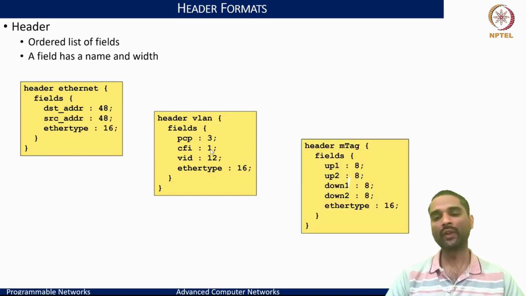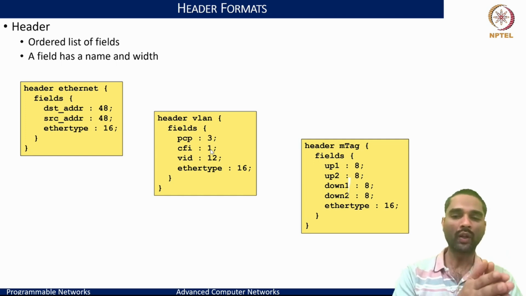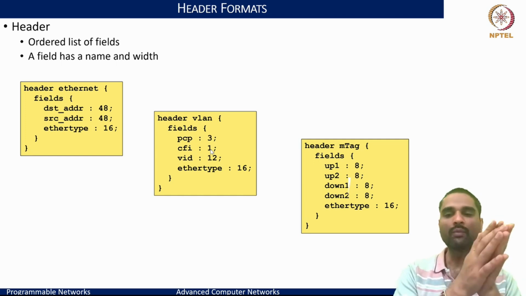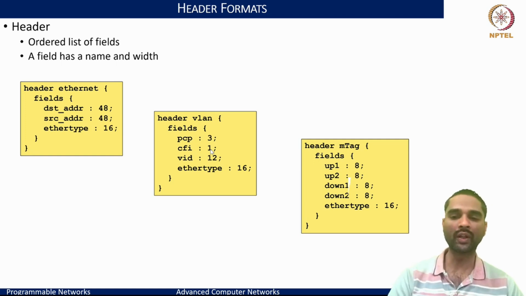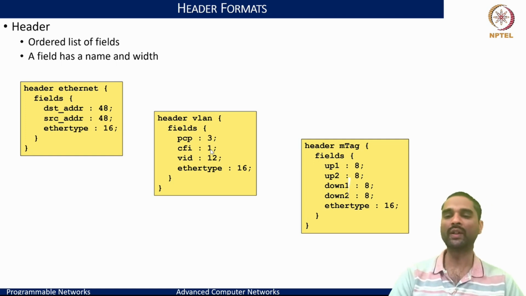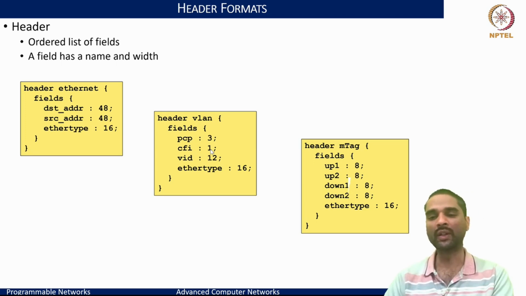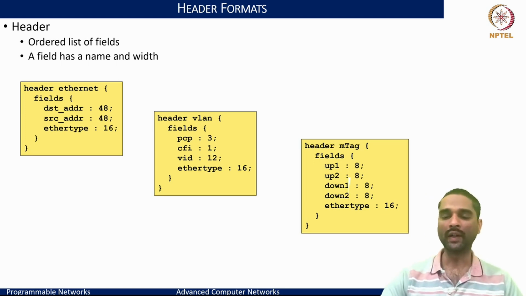And in our case, we would want the header M tag, which would basically look up which upstream links it has to take and which downstream links it has to take, each being encoded as 8 bits. And again, we would have the ether type added later to say what is the following information that comes after this header tag.